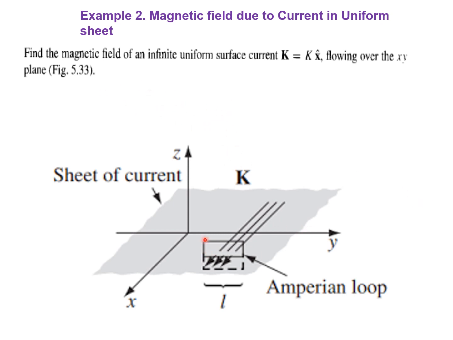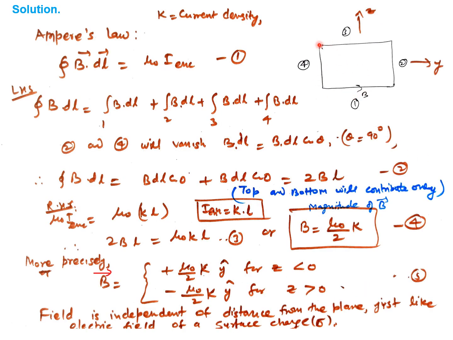So again we will have to use Ampere's law on the Amperian loop. Now we have the loop like this, with 1, 2, 3 and 4 line segments, and current is flowing in the x direction, and the direction of the magnetic field is in the y direction. If k is the current density, we use Ampere's law on this loop: the closed line integral of B dot dl equals mu naught times I enclosed.